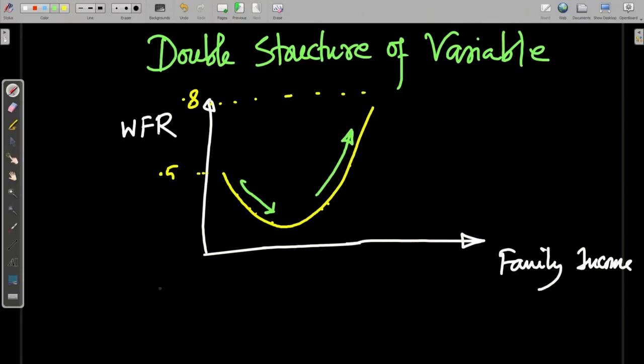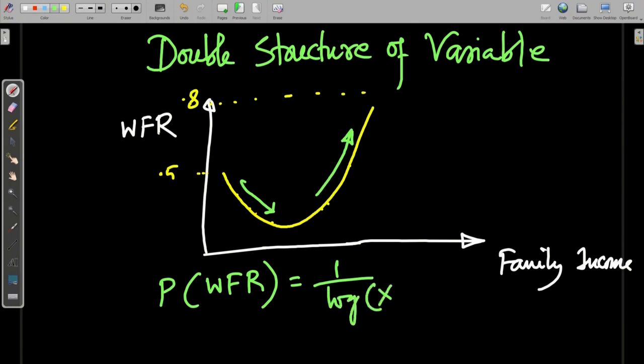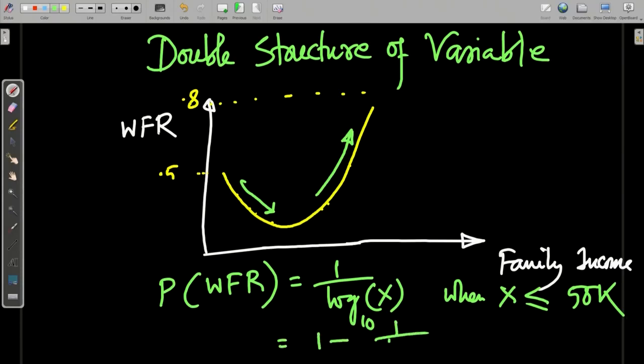So, let us say the probability of workforce participation rate is 1 by log x base 10 when x is less than or equal to 50k, and it is equal to 1 minus 1 by log base 10 x when x is above 50k. Okay, so this is the functional form I defined to explain the workforce participation rate.